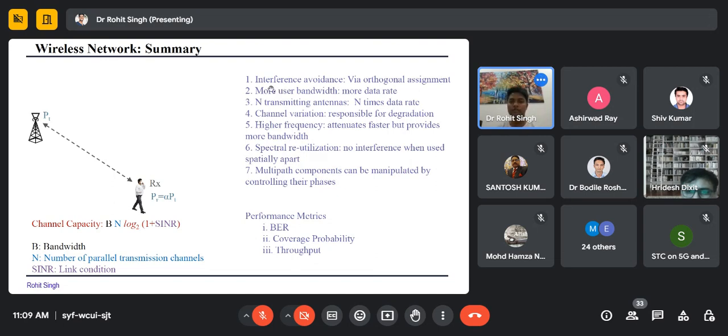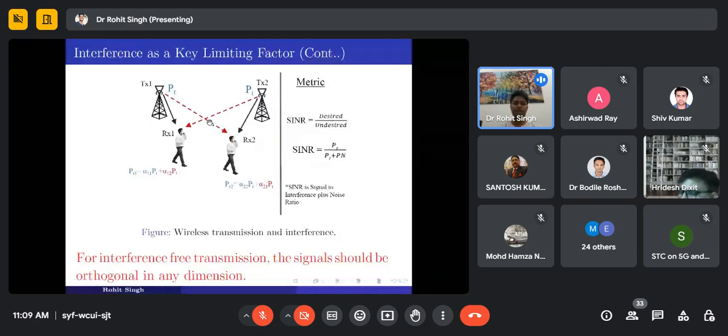How can we avoid interference? Interference can be avoided by assuring orthogonality among different users. For example, coming back to the previous slide, if transmitter 1 transmits at one time and transmitter 2 transmits at another time, that creates orthogonality between users in terms of time.